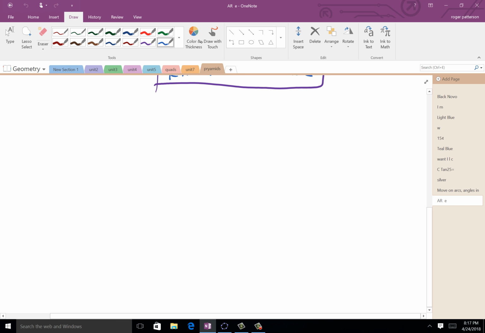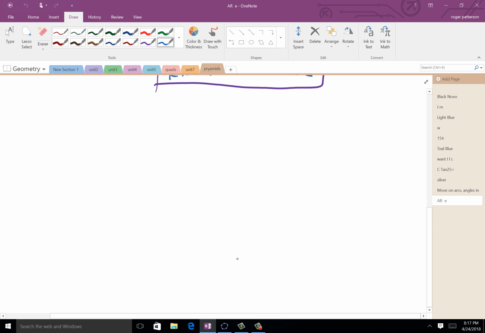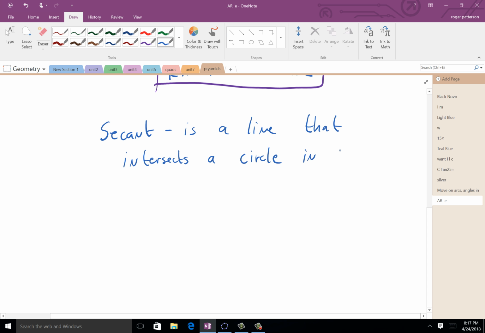We're going to write here, I think we're working with this blue, and let's stick with it. So a secant is a line that intersects a circle in 2 points.